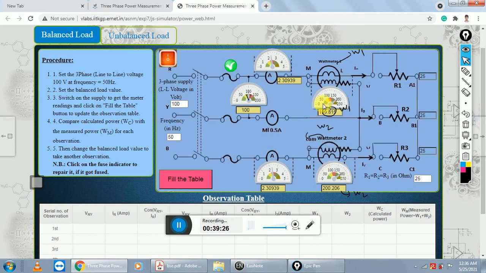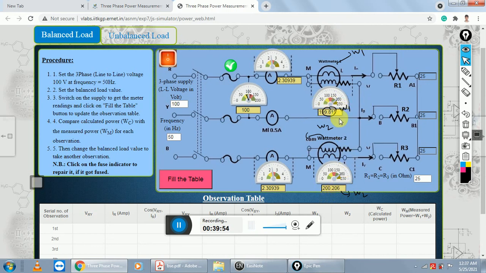In this case, the power consumed in both wattmeters is approximately equal. It's 199.85, and this is a 200 watt power.